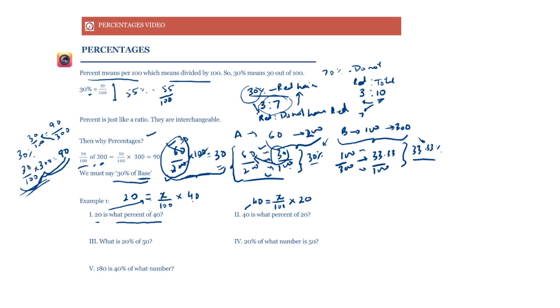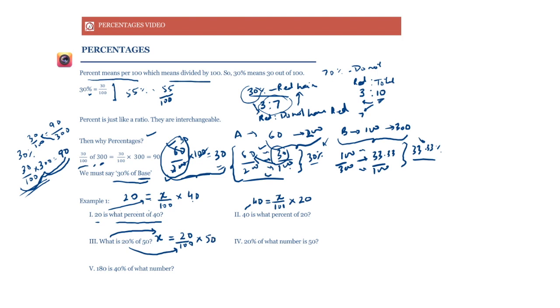What is what? So X, what is what? What I mean to say is, this is X, is equal to 20%, which is 20 upon 100, of is into, and 50 is 50.